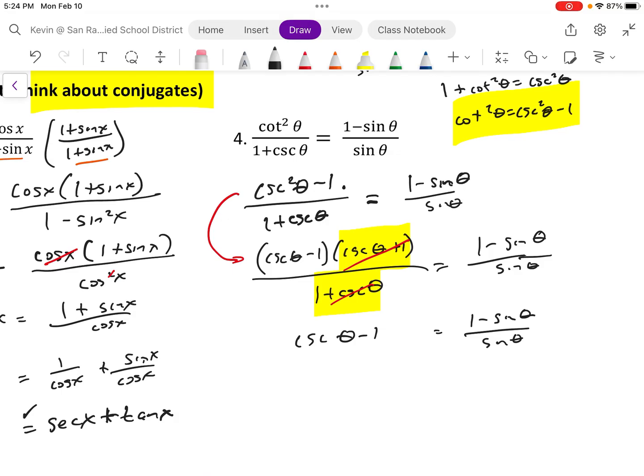1 over cosecant is sine theta, so 1 over sine theta minus 1, which is 1 minus sine theta over sine theta, another way to write it.